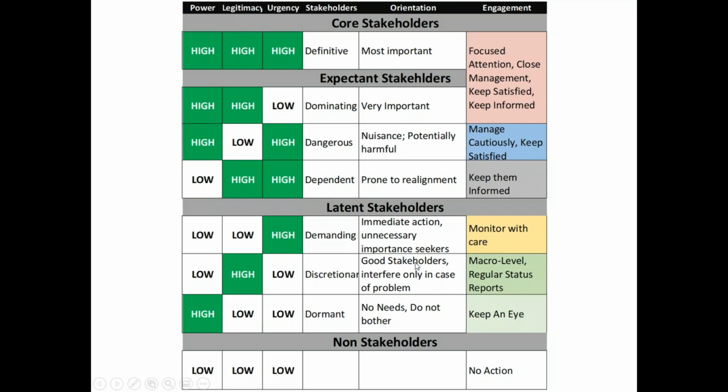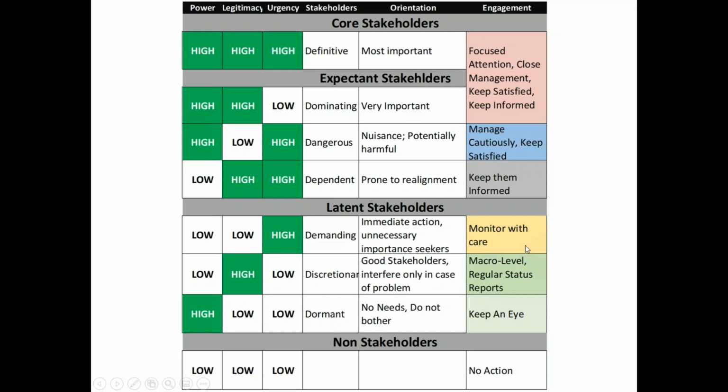Then we have latent stakeholders, which are high on only one thing. The expectant were high on two things. The core were high on all three things. So latent, the one who is high on urgency is demanding. His orientation is that he needs immediate action, an unnecessary importance seeker. And how do we behave with him?